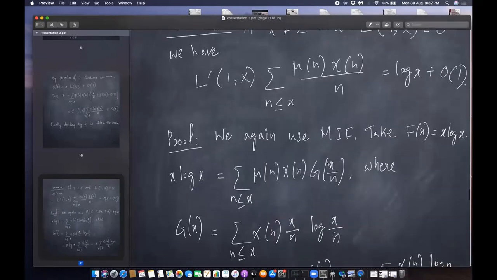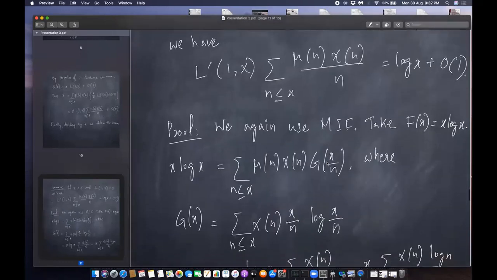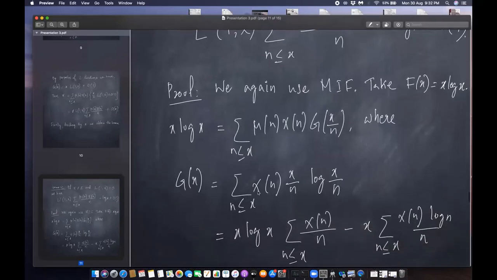So here we again use the Mobius inversion formula, but for these two functions where we use f of x like x times log of x. Then we obtain that x log of x equals this, where alpha is again our Dirichlet character type.